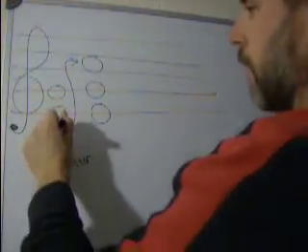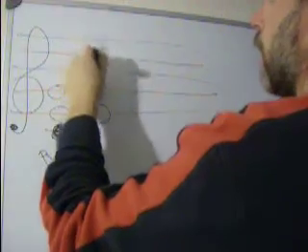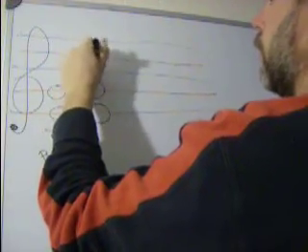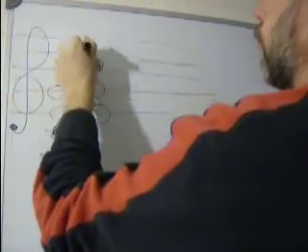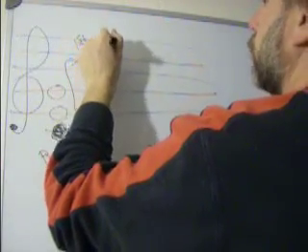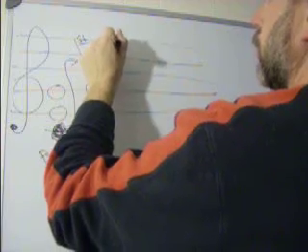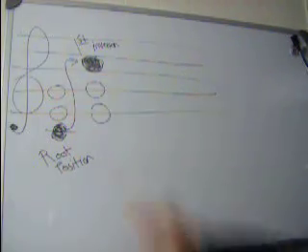All I've done is I've taken the root, which was C, and I've moved it to the top. And now my root is on top. So we call this first inversion. Okay? That's first inversion. Now, as long as it's C, E, and G, it's a C major chord.